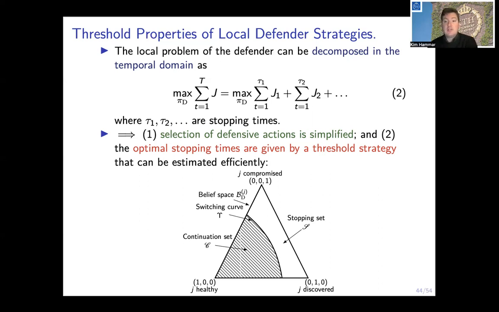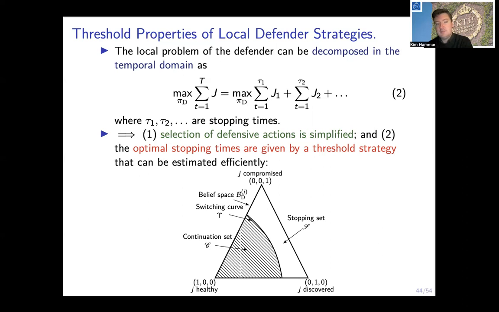And deciding which defensive action to take is actually a fully observed problem that we can solve very efficiently with dynamic optimization. And the problem of selecting when to take the action corresponds to a partially observed stopping problem, whose solution is characterized by a switching curve that can be estimated very efficiently.